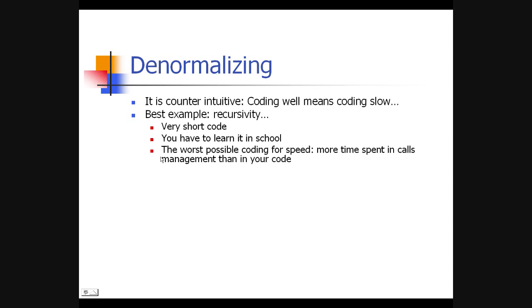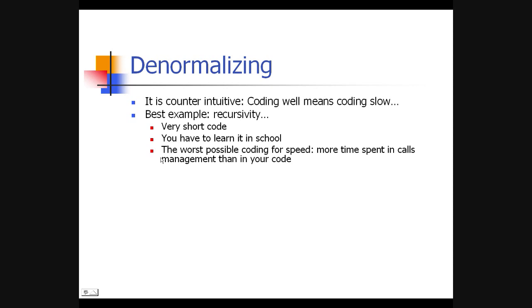Why? Imagine that your code is extremely short. Sometimes you have only 2 or 3 lines inside your method. So the execution time of that code is very short. But each time you're going to the next element, the next step of your loop, you are calling another procedure. And when you call another procedure, the processor has to save all its register values, all the addresses, all the things that it was currently doing, then jump to the next procedure, do it, and once it's finished, restore everything.